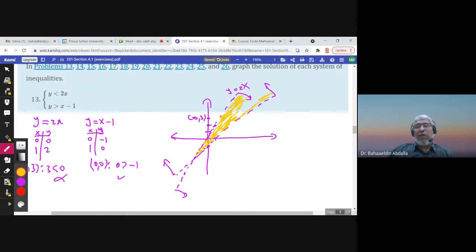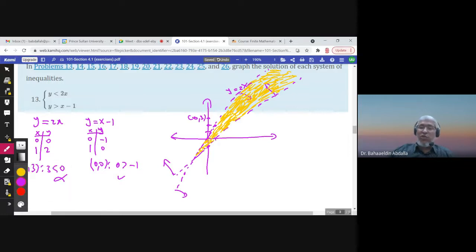It is between these two lines, and these two lines will continue forever. This will continue like this, and this will continue like this. So the region remains between them here. So this is the solution of this inequality.